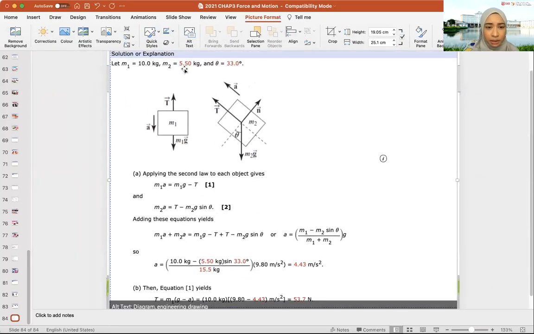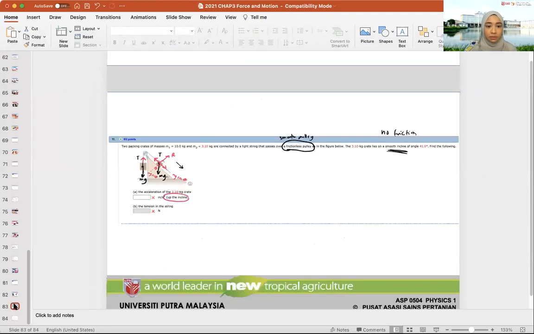So M1 is 10, M2 is 5.5, and theta is 33. Nanti kita tengok sama ke tak jawapan kita. Kita nak buat assumption yang salah.